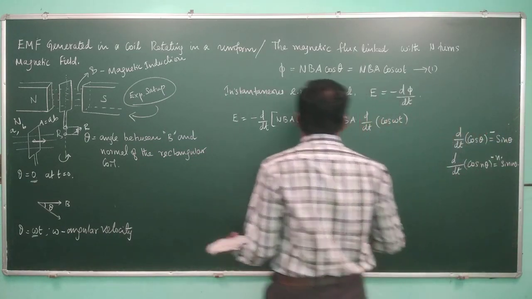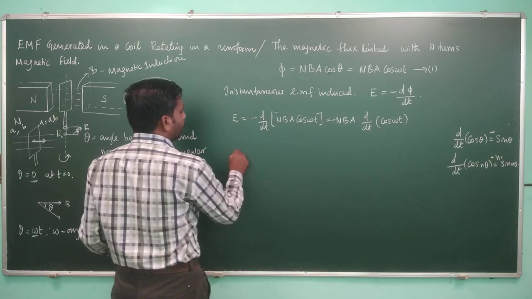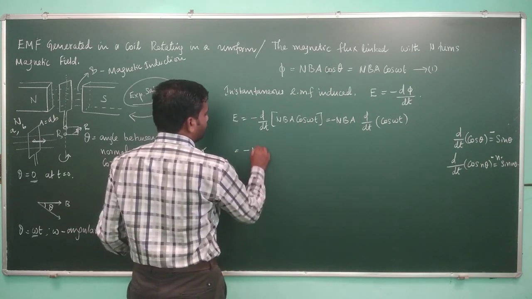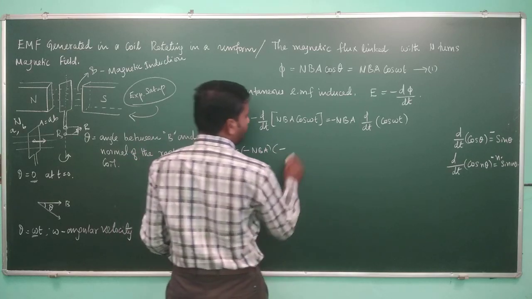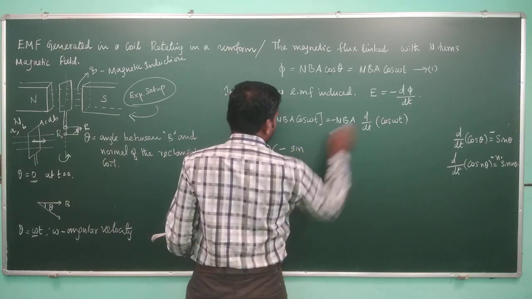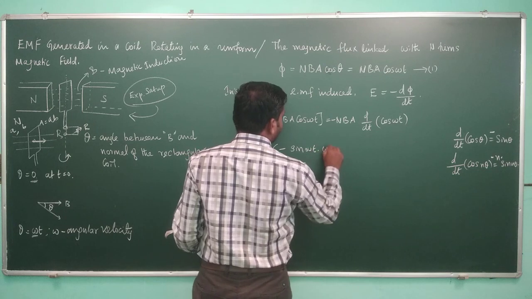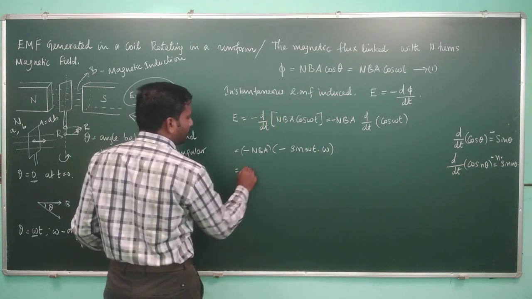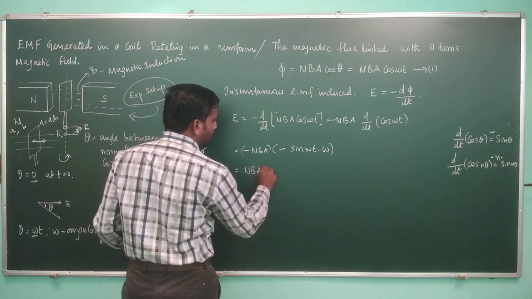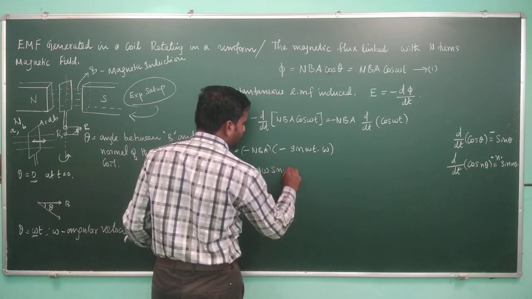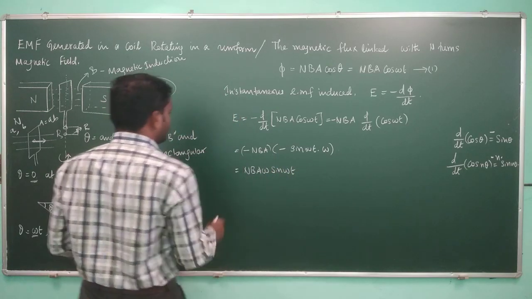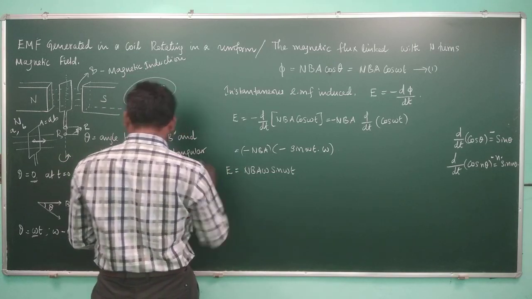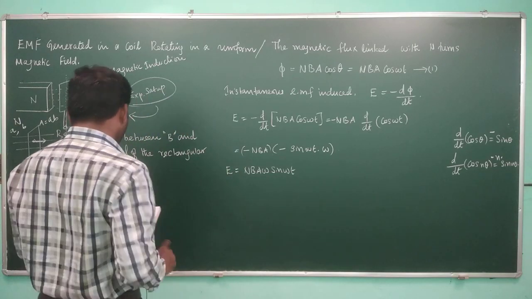So what we would have is minus of minus NBA into sin omega t into omega, so NBA omega sin omega t. This is nothing but E, right?